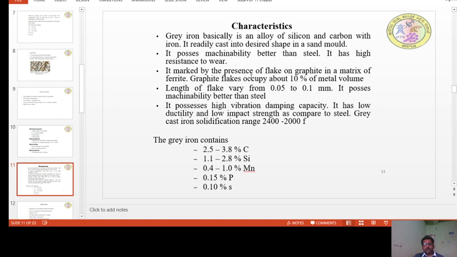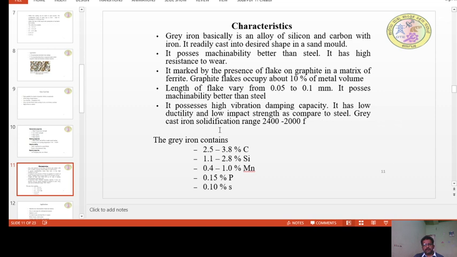It is marked by the presence of flakes of graphite in the matrix of ferrite. Graphite flakes occupy about 10% of the metal volume. The length of the flakes varies from 0.05 to 0.1 mm. It possesses high vibrational damping capacity. It has low ductility and low impact strength as compared to steel.